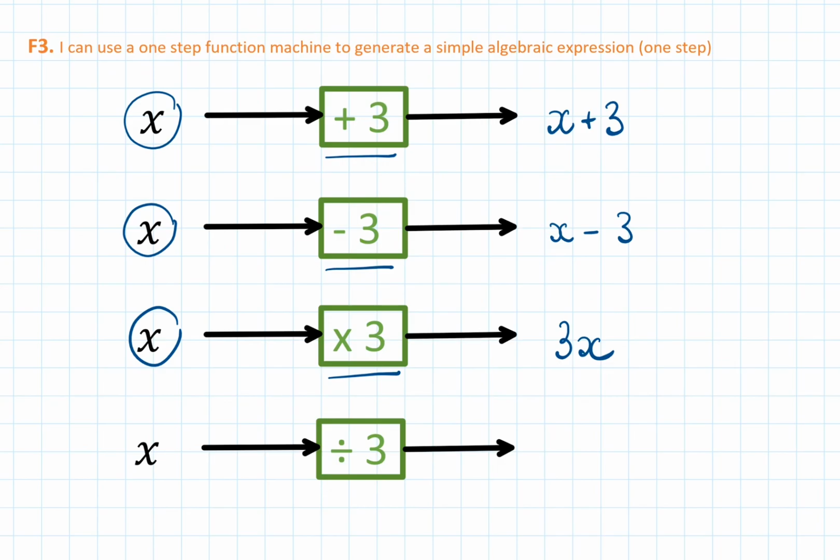The last example is where the input is x, and we divide that by 3. Our result will be x over 3. Again, like in the multiplication case, we don't write x divided by 3, we write x over 3, which is the same thing. As we know, a fraction line means division.